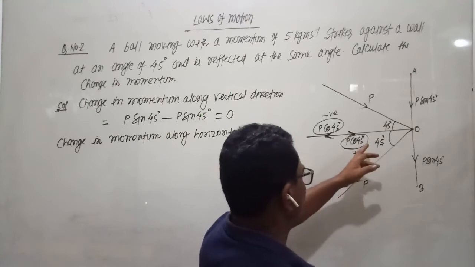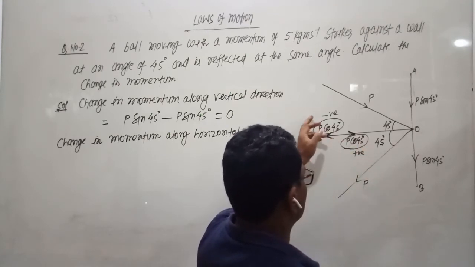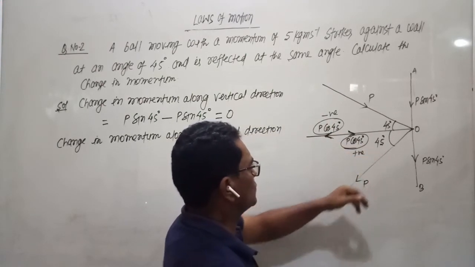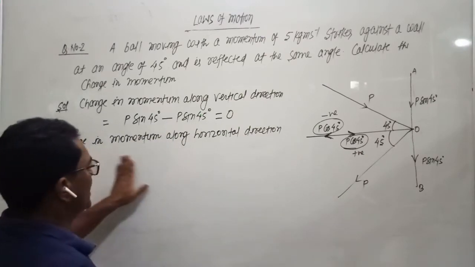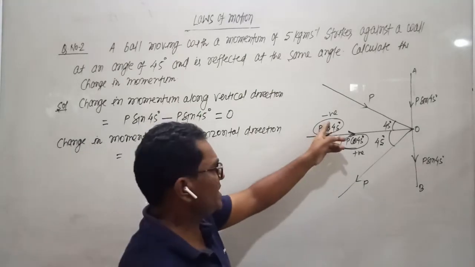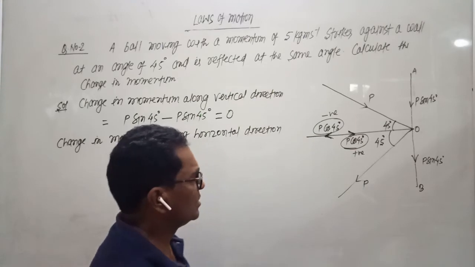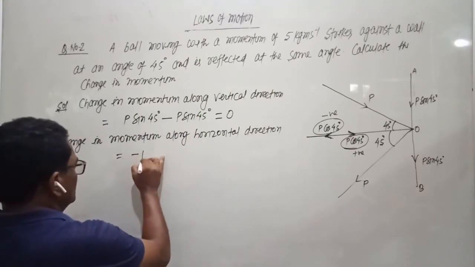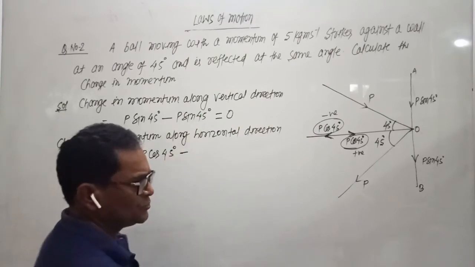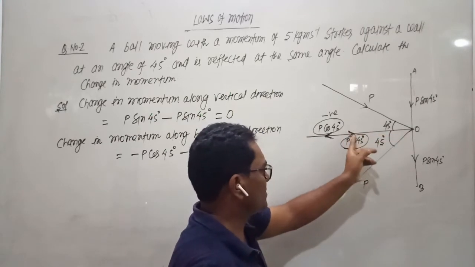So let this be P1 and this be P2. The change in momentum along the horizontal direction: this would be taken negative, which is going away from O, so minus P cos 45 degrees. And the minus comes from the formula P1 minus P2, and this is going inward, so it must be positive.